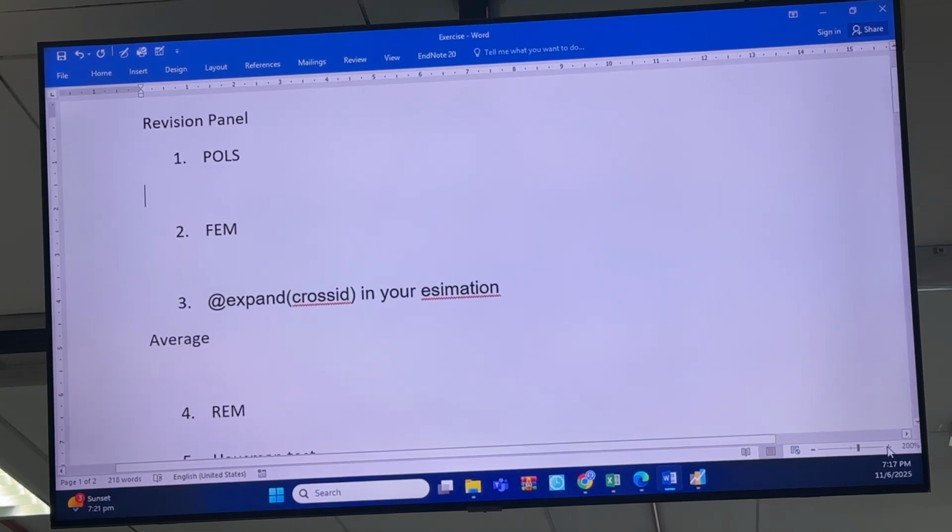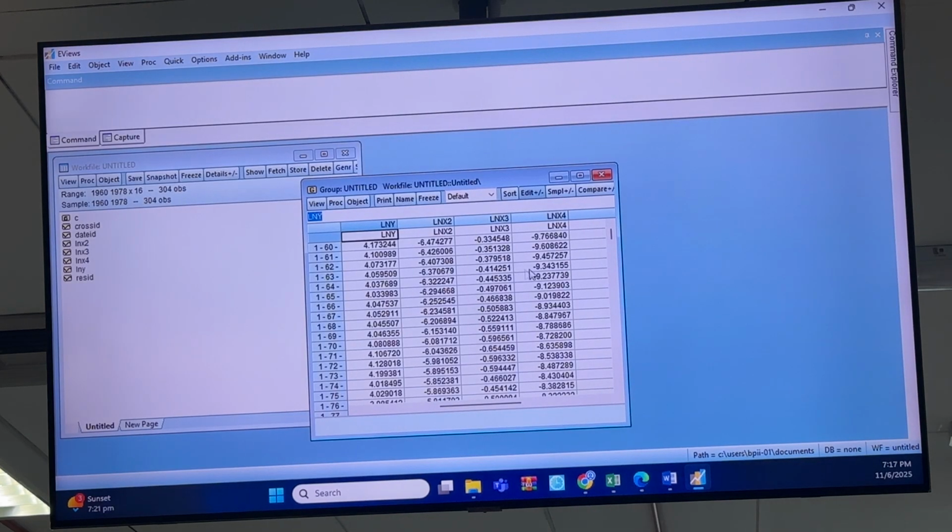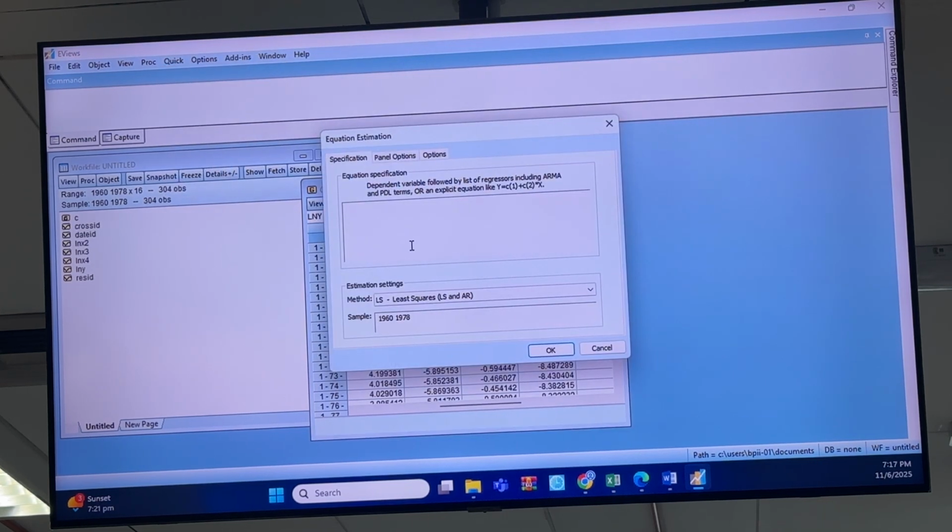Okay, so I'm going to estimate, right? Yes, I'm going to estimate. I go to quick, estimate equation. I'm going to have log for my y, log for my x2, log for my x3, log for my x4, including my constant, right?